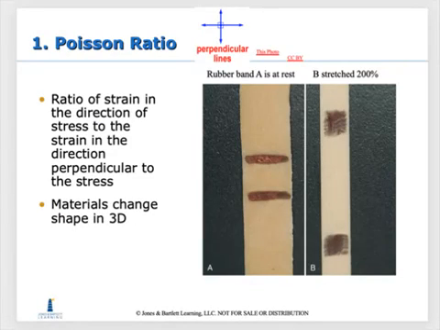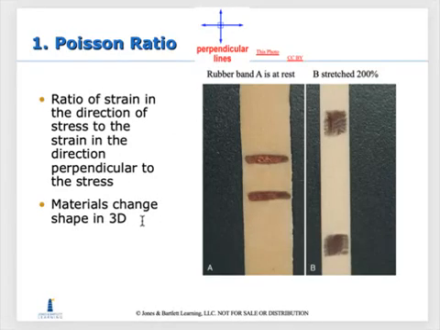So Poisson ratio, what is that? You need to think about this as something being perpendicularly applied to the dental material. So this is a comparison of the strain in the direction of the stress that's going to be perpendicular.